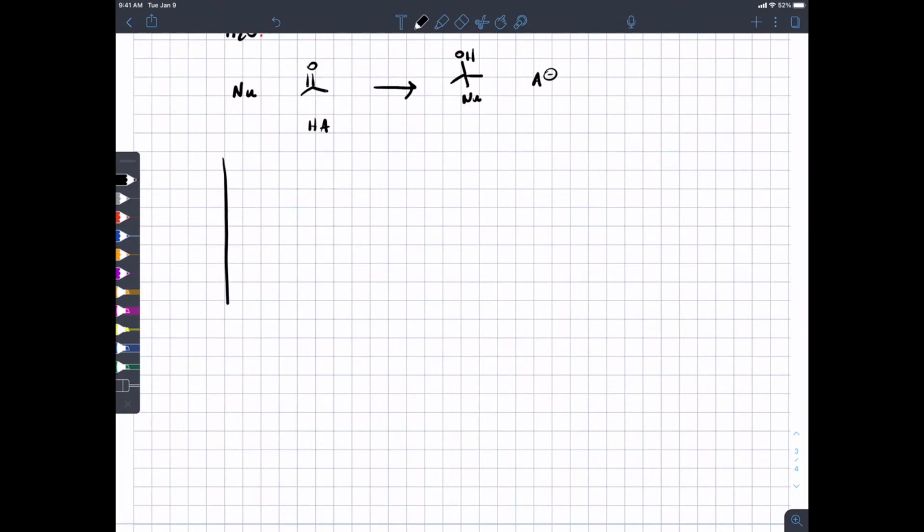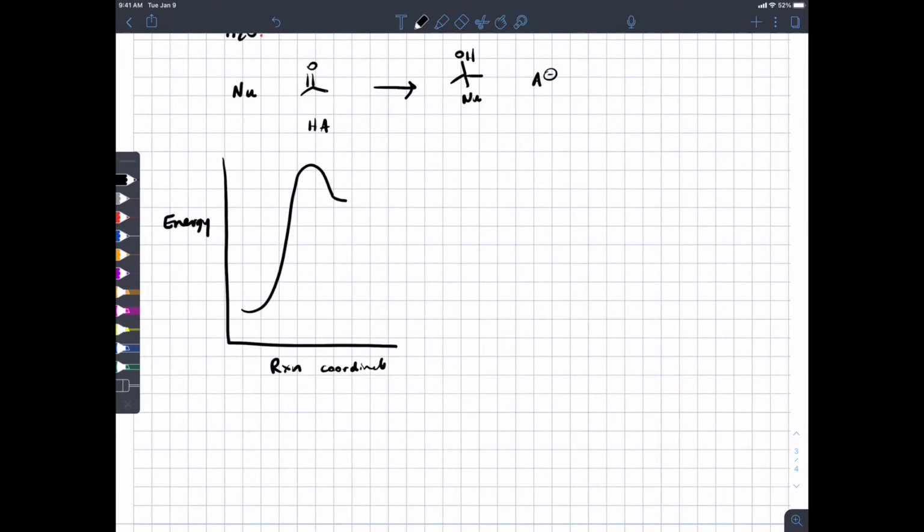If there's no catalysis and we do a reaction coordinate energy diagram with energy on this axis and reaction progress or reaction coordinate on this axis, the uncatalyzed reaction looks like this.